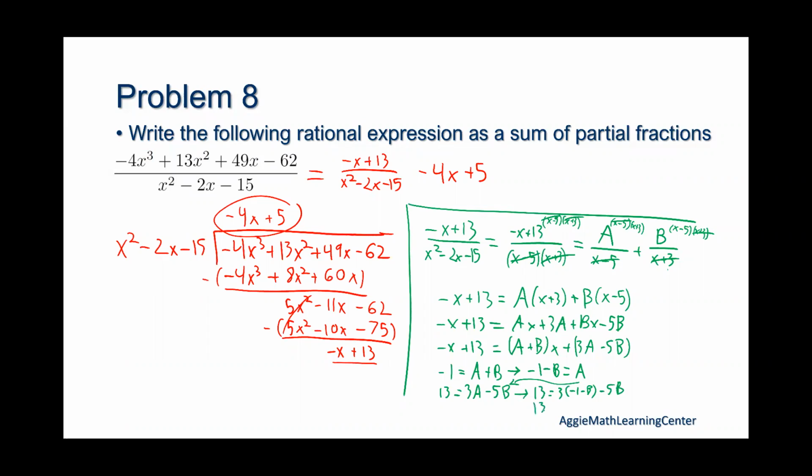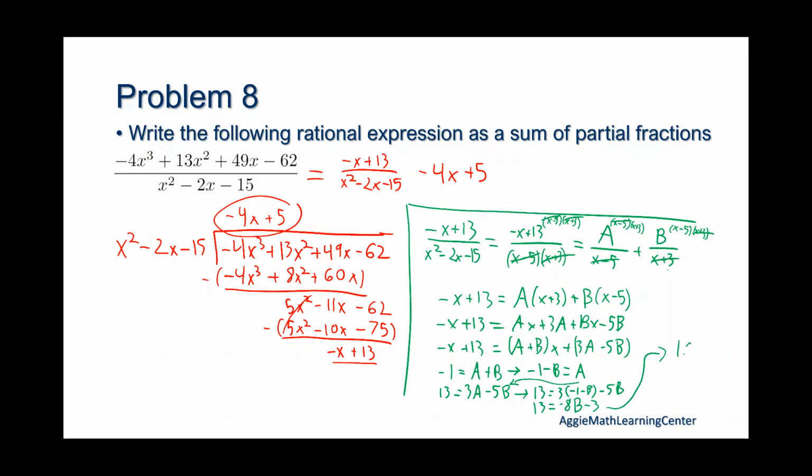So that gives us 13 is equal to, I'm going to do the b's first: negative 3b minus 5b is negative 8b, and then minus 3. I'm combining one step because I don't have a lot of space. Okay, negative 8. So I'm going to add the 3 to both sides.